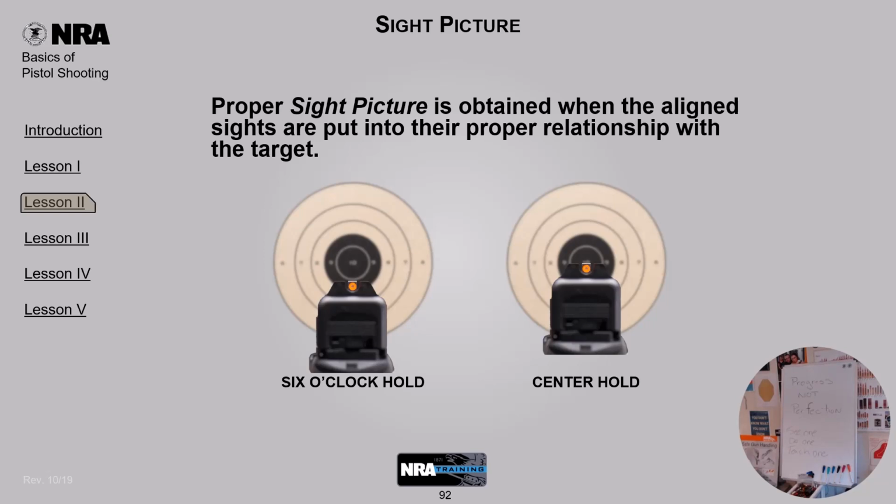And it's a personal preference. I like 6 o'clock hold because I like to see what I'm actually shooting at. Whereas with center hold, you're covering the thing, and there are plenty of shooters who like that way. Now, you only get a choice in your sight picture if you happen to have sights on your target that are adjustable, but that is not part of the basic curriculum.